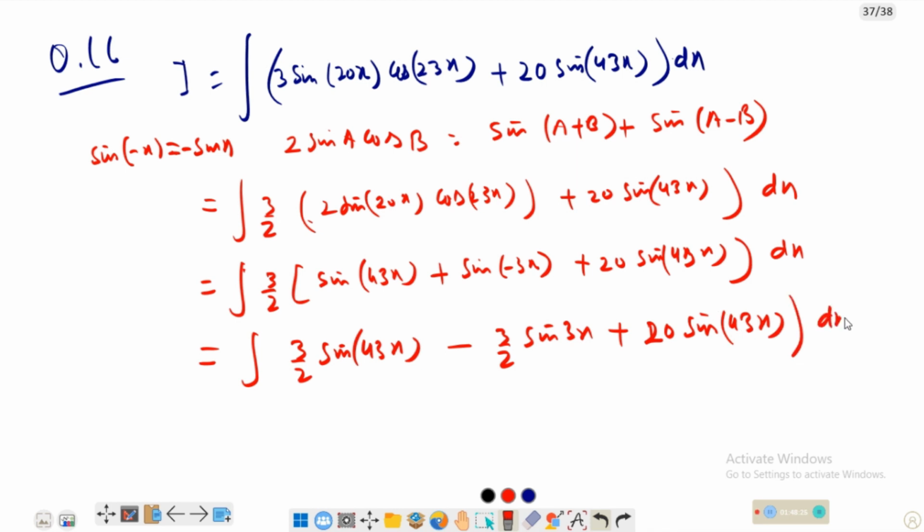I separate this portion and this portion.